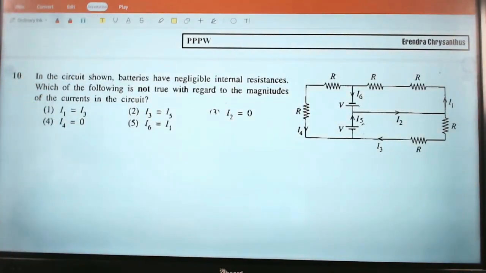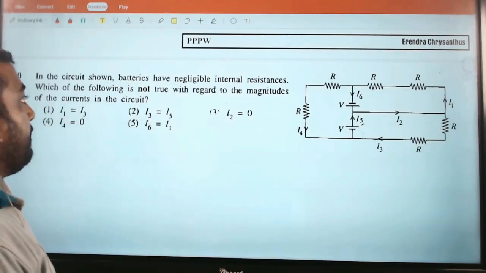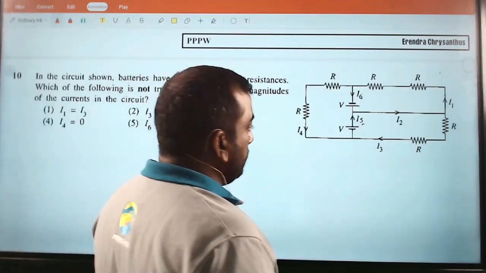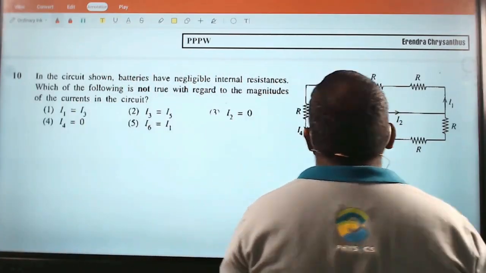MCQ 10. In the circuit shown, batteries have negligible internal resistance. Which of the following is not true with regard to the magnitudes of the currents in the circuit? What is not true? So let's try to apply Kirchhoff law.